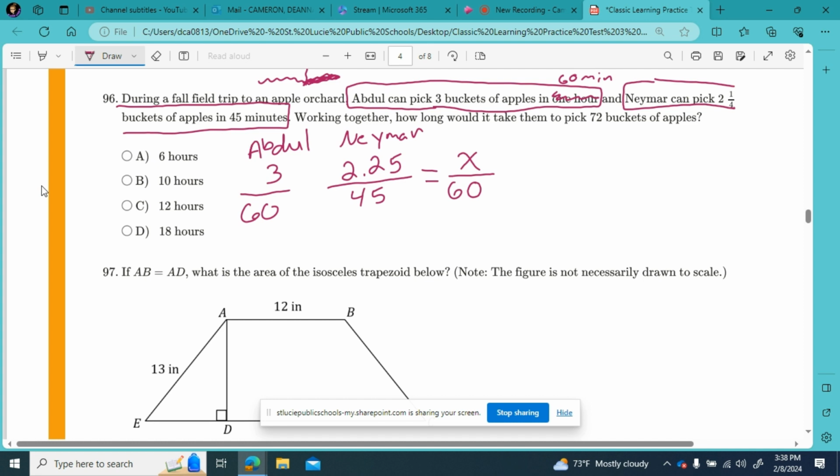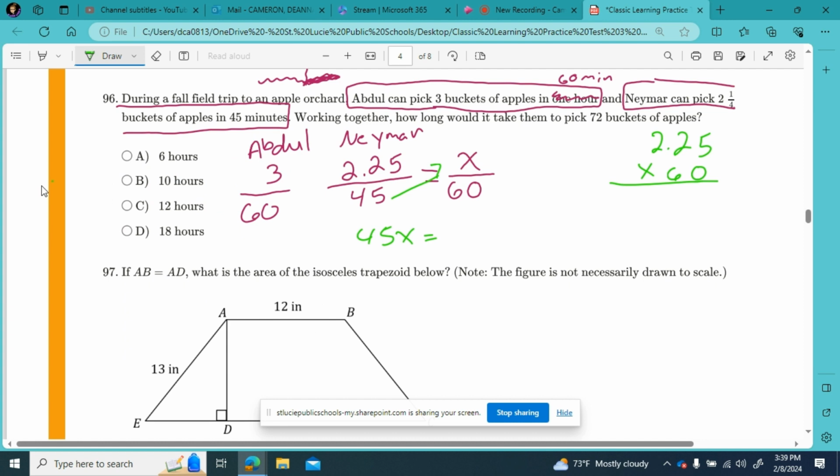So I just set up equivalent fractions, and for me to solve that, I'm going to go ahead and cross multiply. So I'm going to say 45 times x equals 2.25 times 60. And I got to remember my 5th grade decimal multiplication rules.